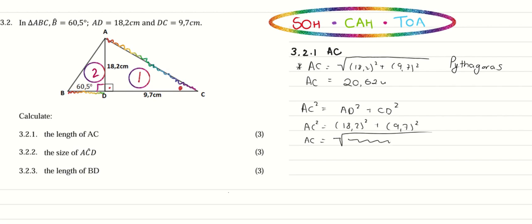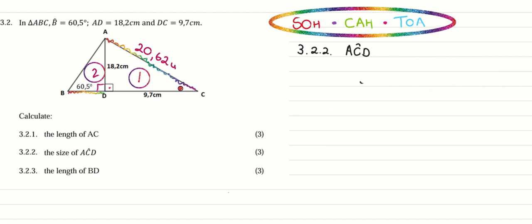All I did was bypass these two steps and go straight to that step. But if you want to write everything out, that is totally fine. And so the length of AC is 20.62 units. I can almost guarantee you that if you don't write down the things that you find on your sketch, you will feel stuck at some point, because it will feel like information is missing even though you already found some of the information.